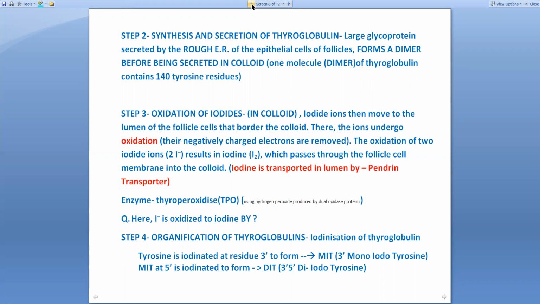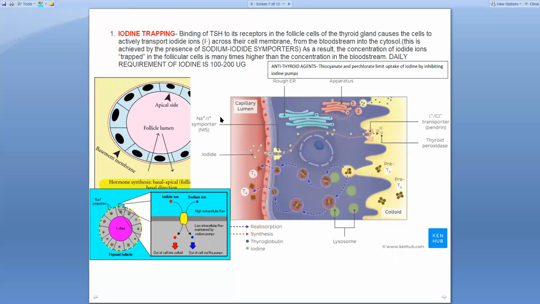See, in the last lecture we have studied that the sodium ion symporter at the base of the follicle cell takes the iodide from the blood, and this iodide is transported directly into the colloid.